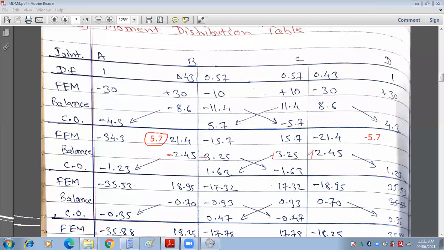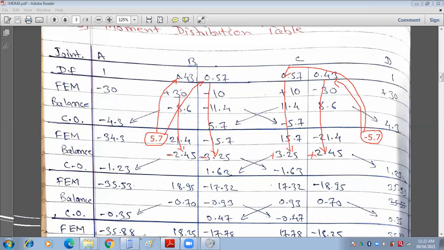Here this difference 5.7 multiplied with this distribution factor, write down this moment over here. Now this difference multiplied with this distribution factor, write down this moment over here. Similarly, the difference of these two multiplied with this distribution factor, write down this moment over here. This difference multiplied with this distribution factor, write down this moment over here.